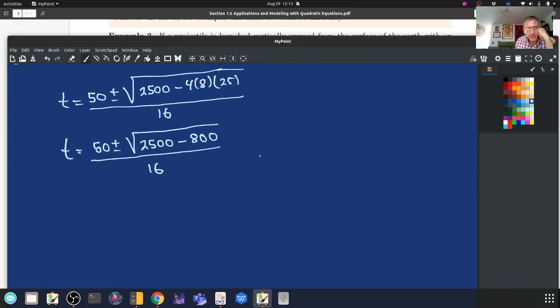So that gives me that t is equal to 50 plus or minus the square root of 2,500 minus 800. Well, what's 25 minus 8? That's 17.